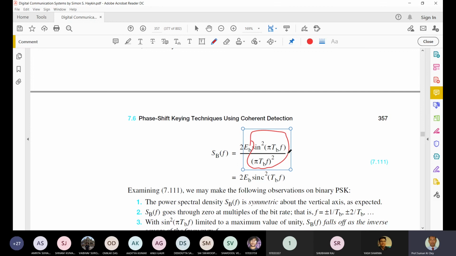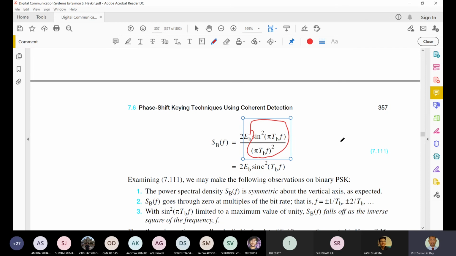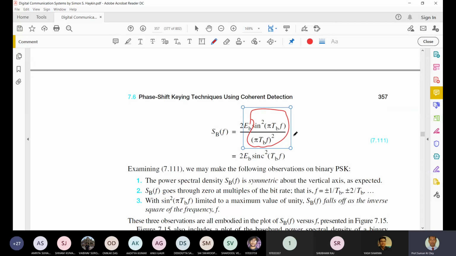So we get 2Eb sinc square Tb f. What observation can we conclude for BPSK? The power spectrum density is symmetrical about the vertical axis.